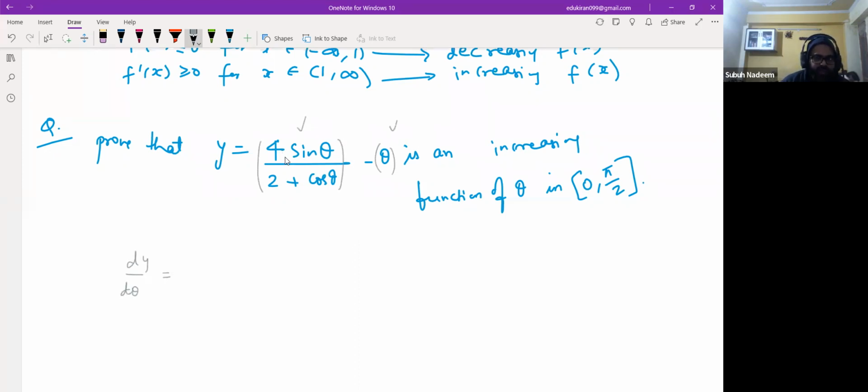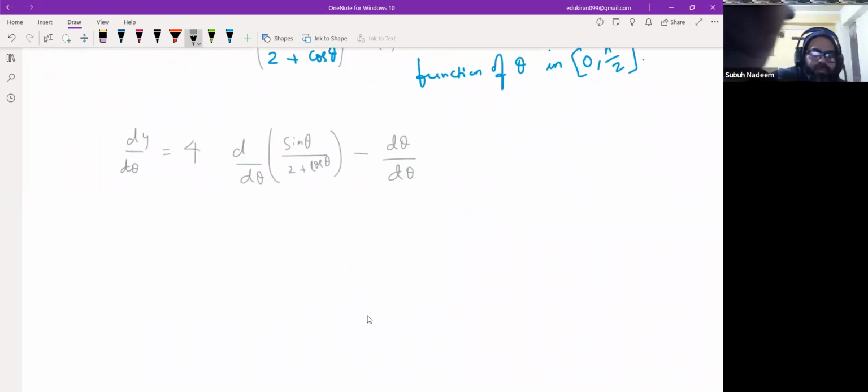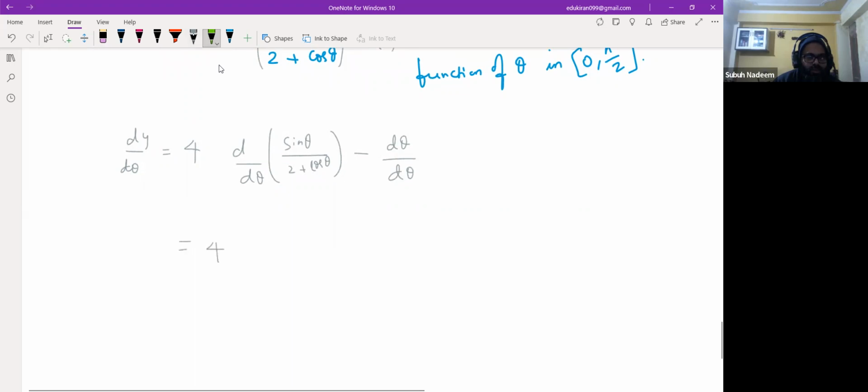Now here in the first one, 4 is a constant. It will come outside. So you have to differentiate sine theta by (2 plus cos theta) with respect to theta, and minus theta with respect to theta. Here we have to apply the quotient rule because it is u by v.